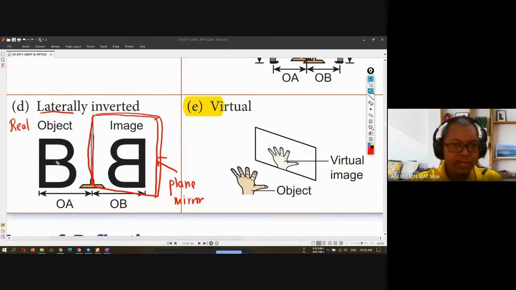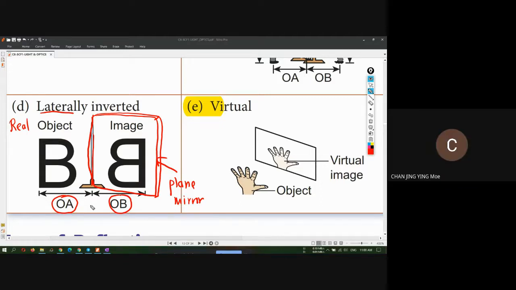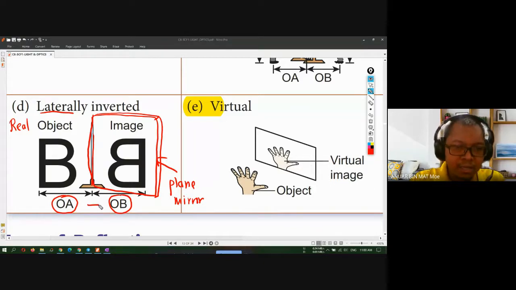This is the real object, and then the image formed is laterally inverted. Okay, how about the object distance OA and OB? Still same or still different? What do you think, class? Distance? Yes, very good. Distance always same.